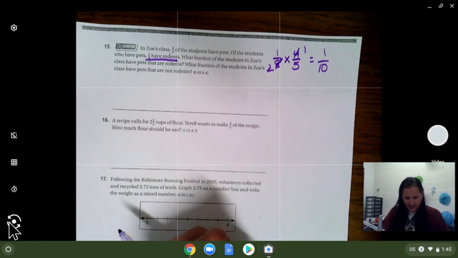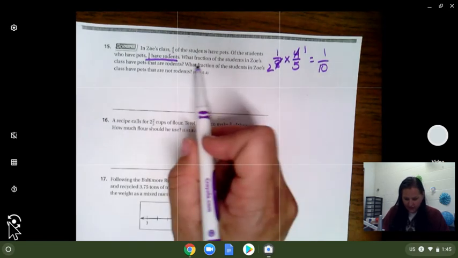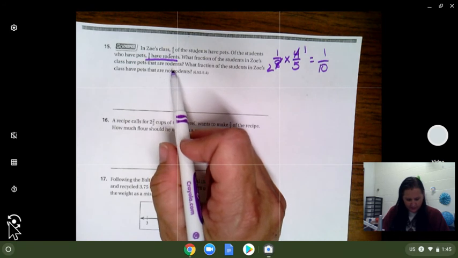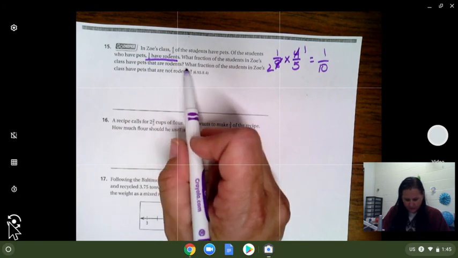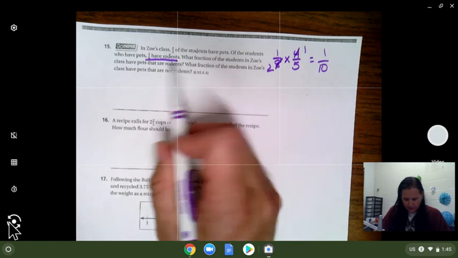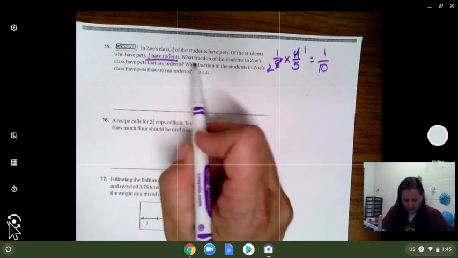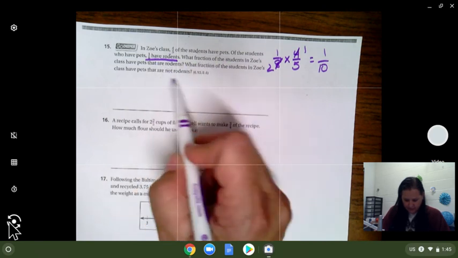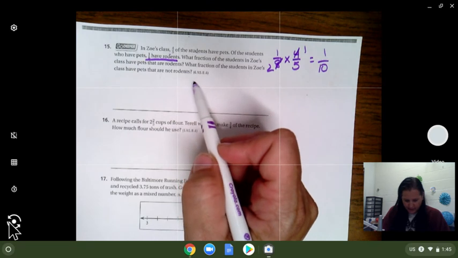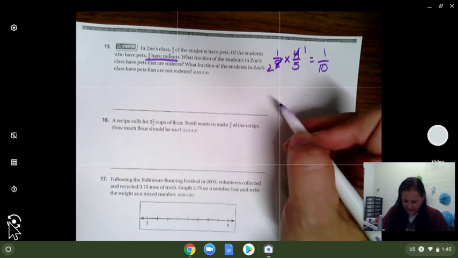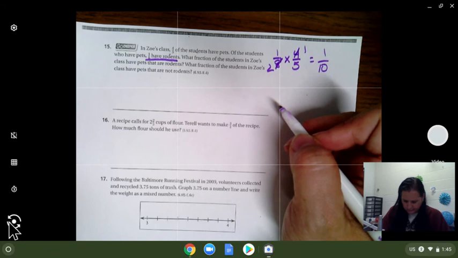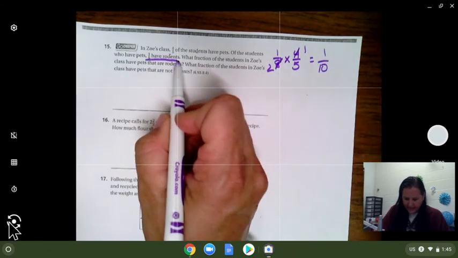All right, now we want to know what fraction. So let's see. What fraction of the pets are rodents? So next, we are going to do 7/8 because 1/8 has rodents.